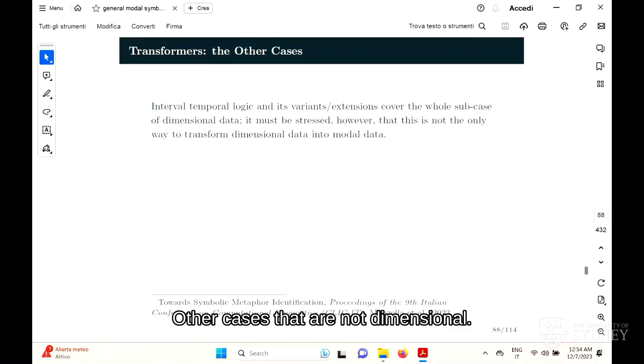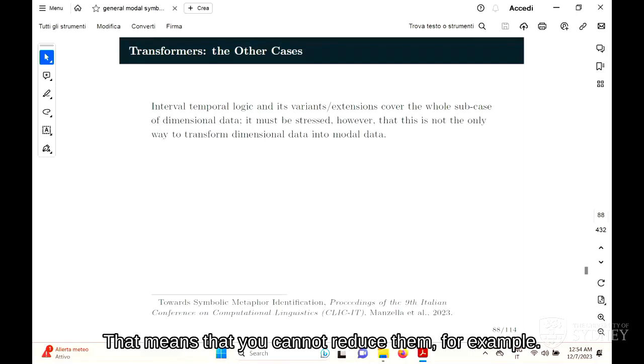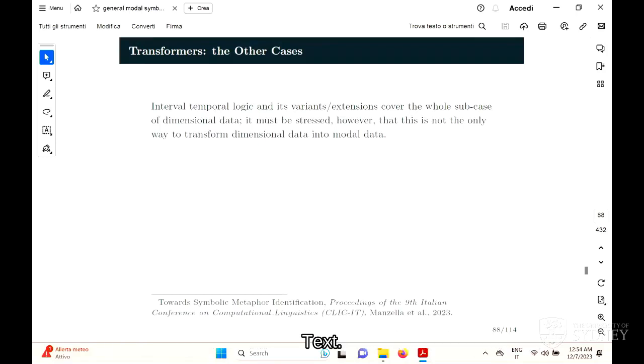Other cases are not dimensional, which means that you cannot reduce them. For example, text. Okay, let's think about text now. You said you have experience. What is text? A text is a sequence of tokens.